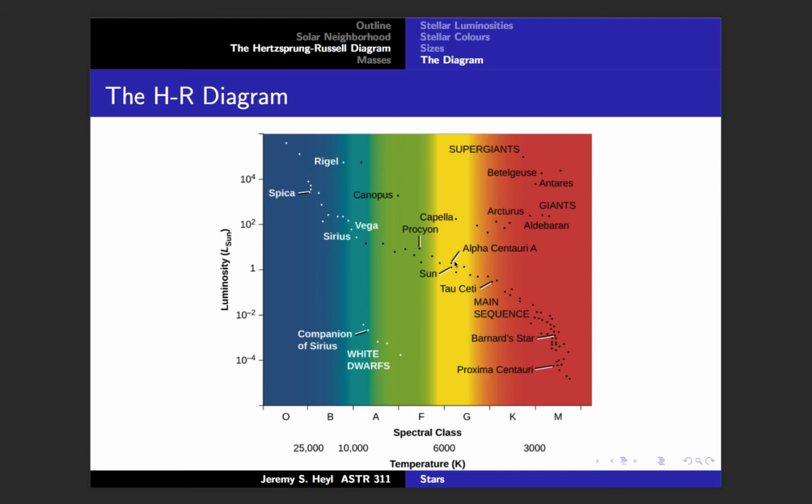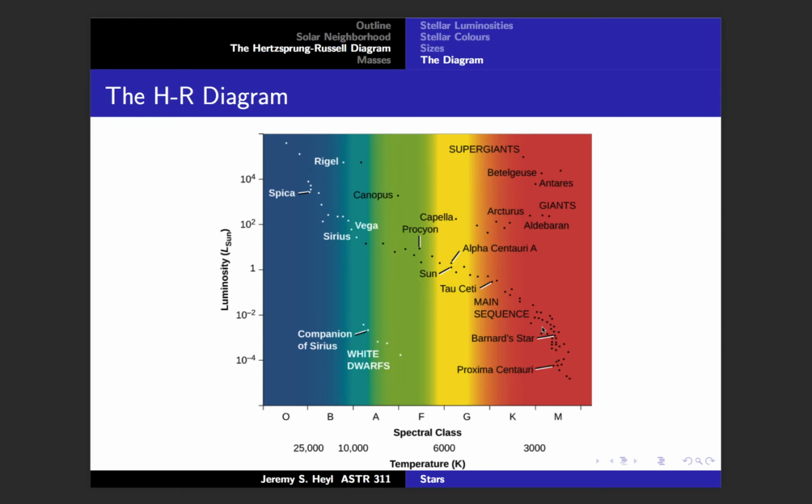There they are. Now, if you look at the diagram a little bit more, you'll see that there are stars that are red, but much brighter than these main sequence stars. So if you remember, they're the same temperature, right? But the ones up there are much more luminous. So what does that tell us about those stars at the top?